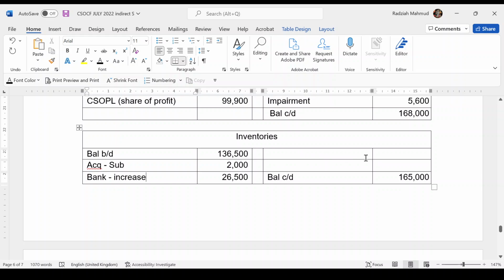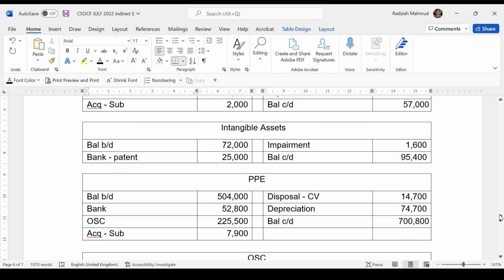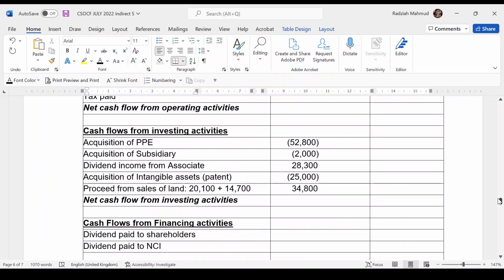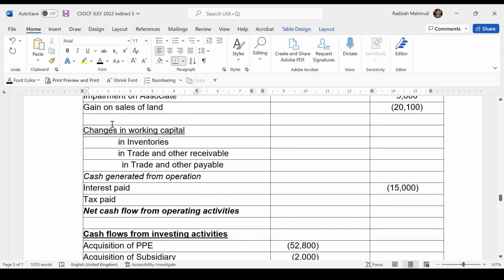If the amount is on the other side, it means there is a decrease in inventory. When we debit inventory, the particular is bank, so this is considered an outflow. Why? Because when we open the bank account, it should appear on the credit side of the bank. So when we transfer to operating activities, we have an increase in inventory, and it is an outflow.